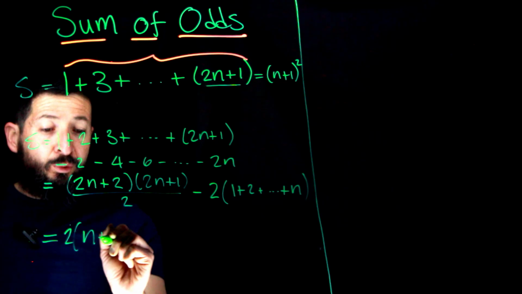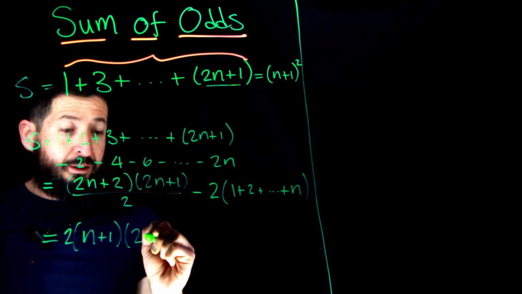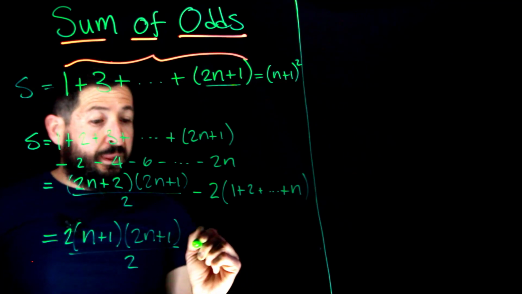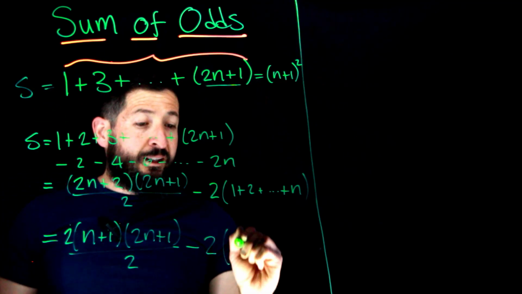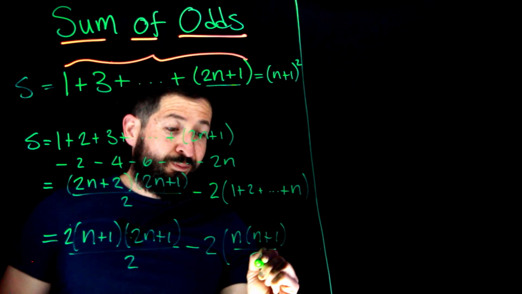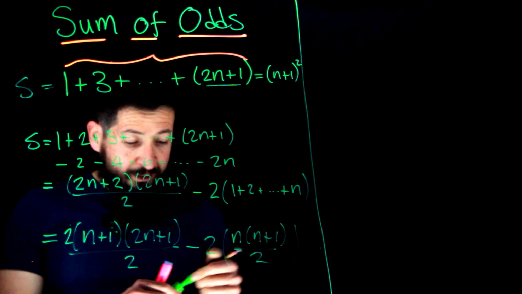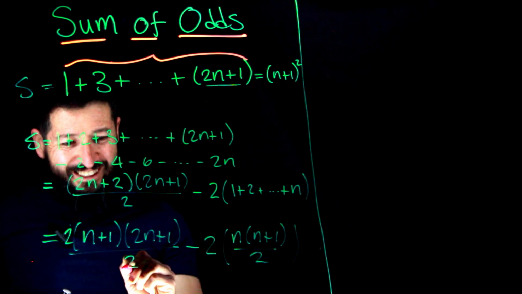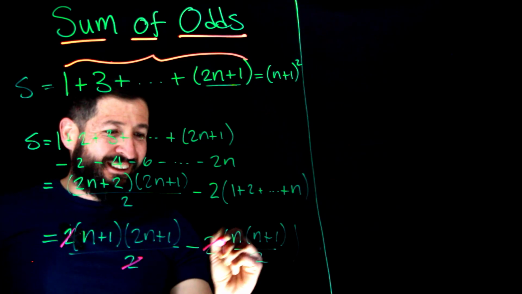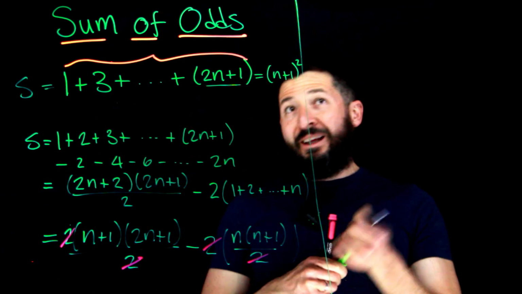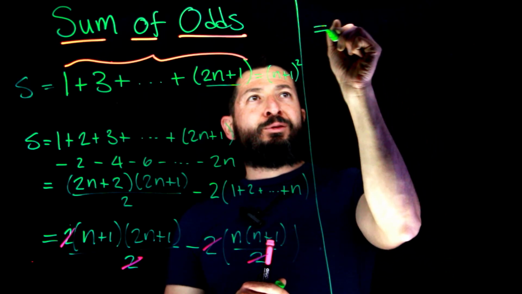So this is going to be equal to, let me factor a 2 out of this one, n plus 1 times 2n plus 1 over 2, minus 2 times n times n plus 1 over 2. As you can see, my marker is dying. But in addition to that, the 2's are canceling. And what I obtained here is that I have a common factor n plus 1 on both terms.